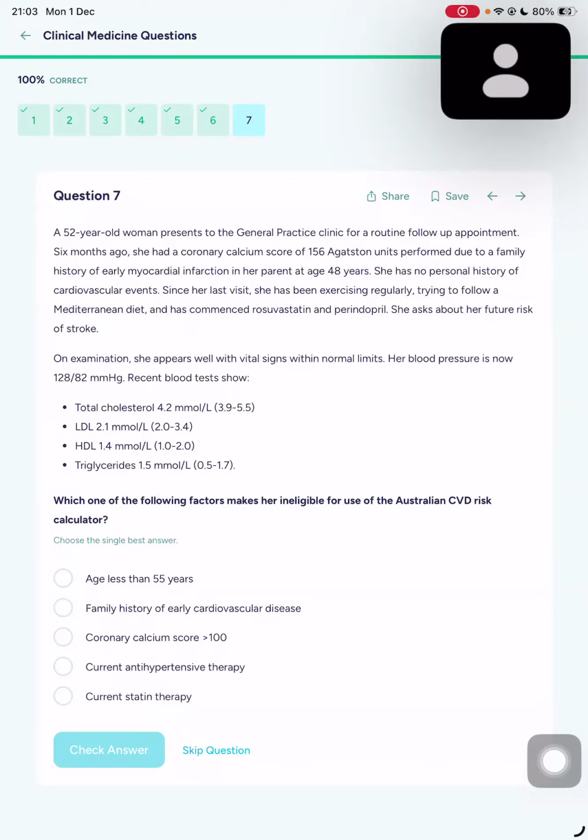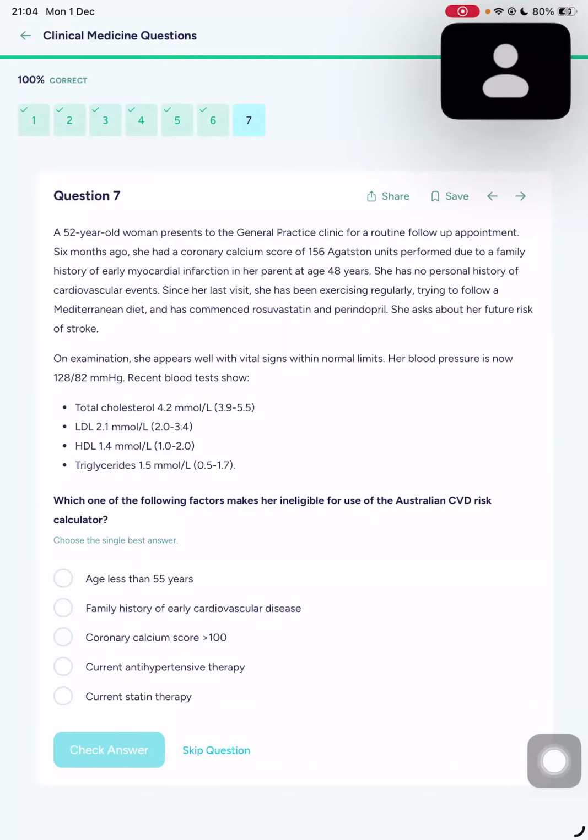She has no personal history of cardiovascular event. Since her last visit, she has been exercising regularly, trying to follow a Mediterranean diet, and has commenced rosuvastatin and perindopril. She asked about her future risk of stroke.